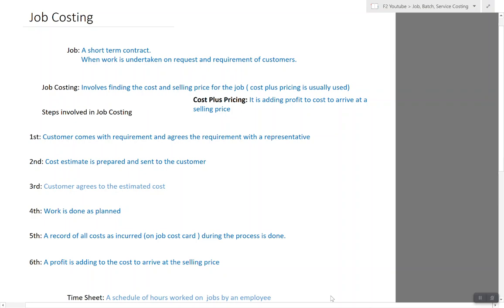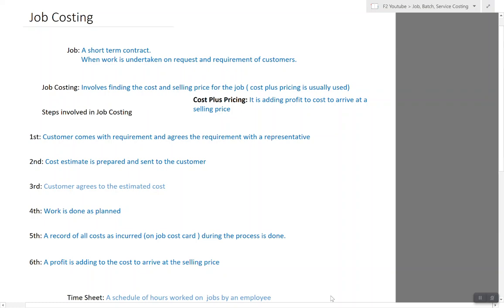So obviously, every time a job is going to be different, the requirement is going to be different, and the cost and the selling price is going to be different. So we don't have a standard product that we want to cost. We want to cost a product or a service on specific request.